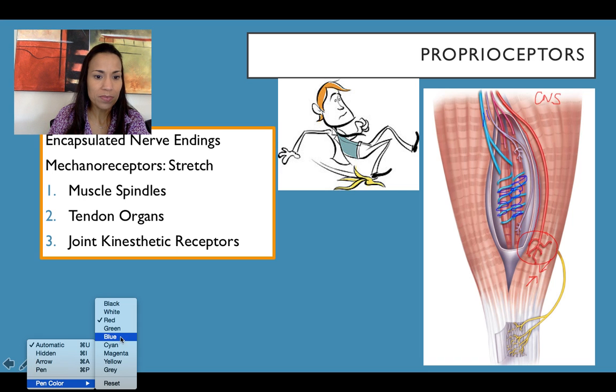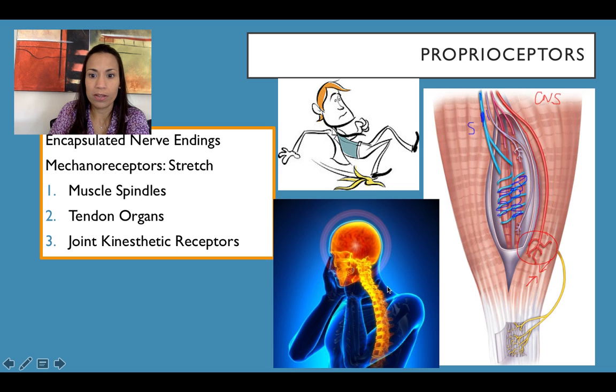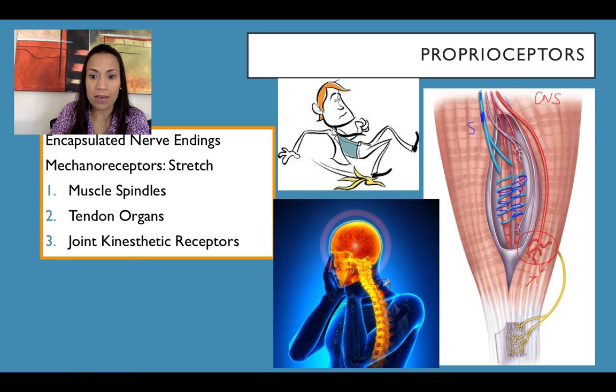Let me get my blue again. They're stretching. That change in the length of the muscle fiber is detected by the muscle spindle, which is the end of these sensory fibers. These sensory fibers go where? The bodies of these neurons are located in the dorsal root ganglia, right?